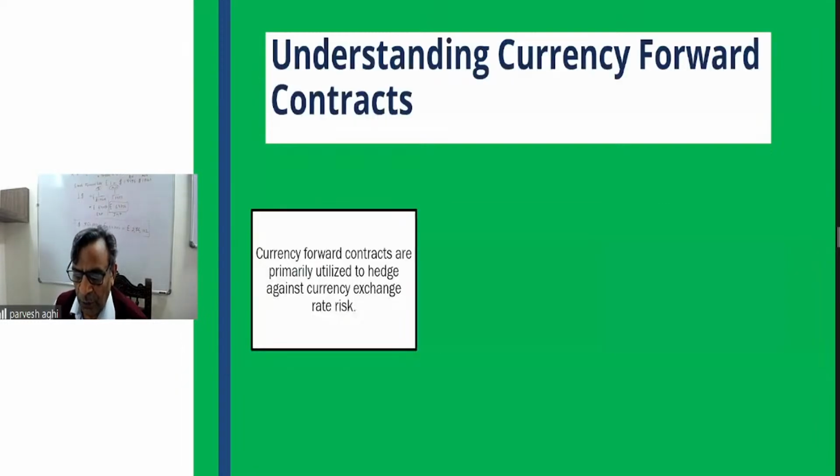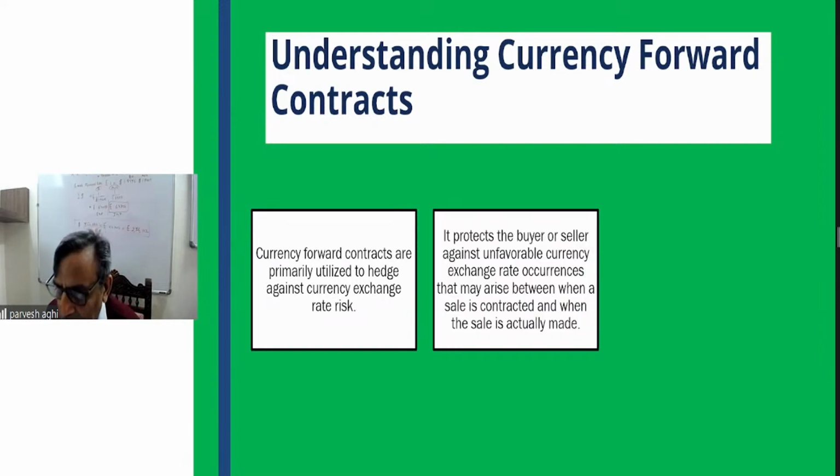Currency forward contracts are primarily used to hedge against currency exchange risk. It protects the buyer or seller against unfavorable currency exchange rate occurrences that may arise between when the sale is contracted and when the sale is actually made. So they are hedging tools.